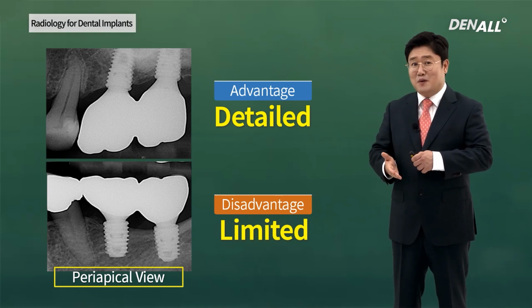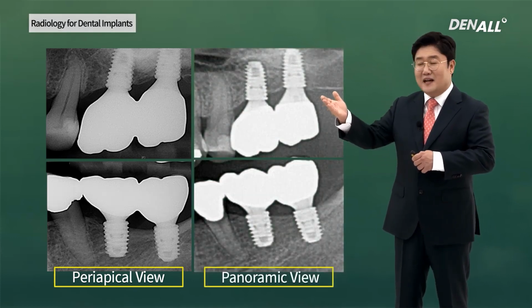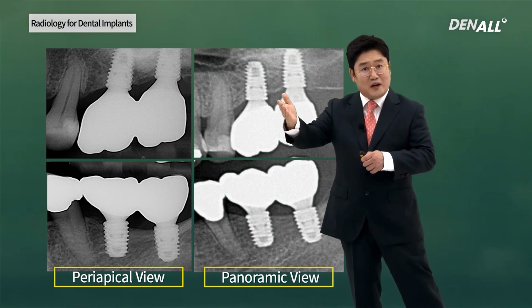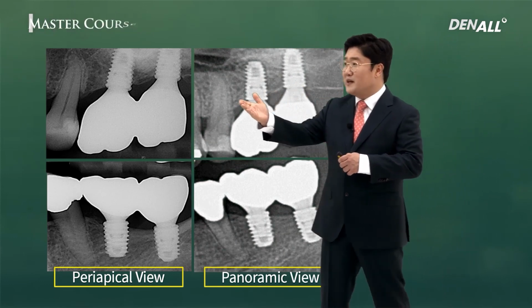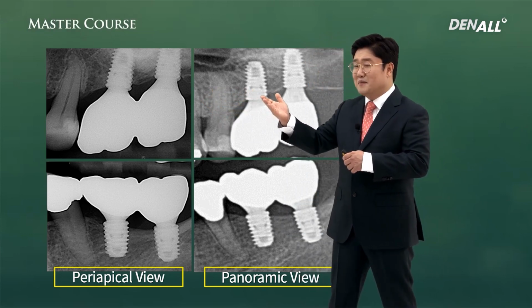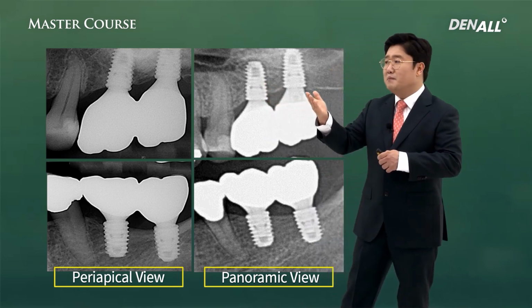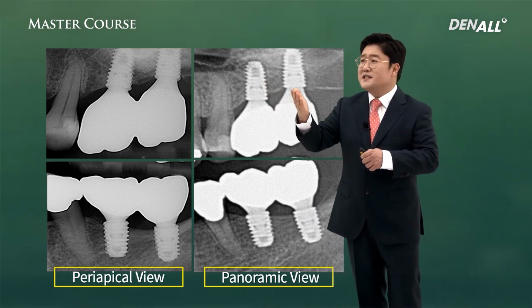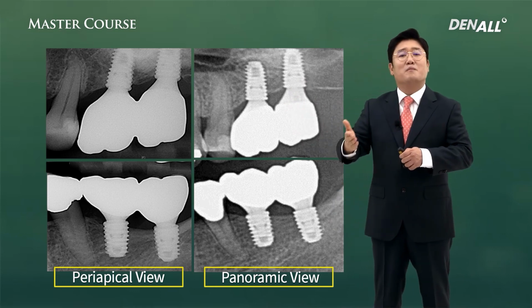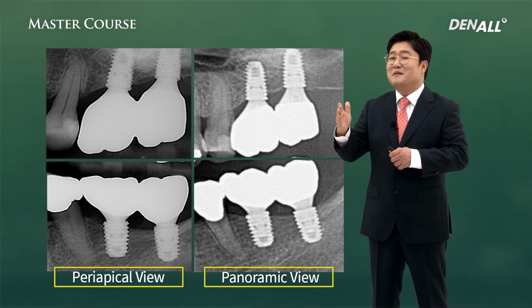Why does it give detailed information? Let's compare it to the panorama view. You can see clearly the difference between them, periapical, panorama. Compare them. On the X-ray, implant fixture images, relation to bone, and teeth are shown in detail and clearly.